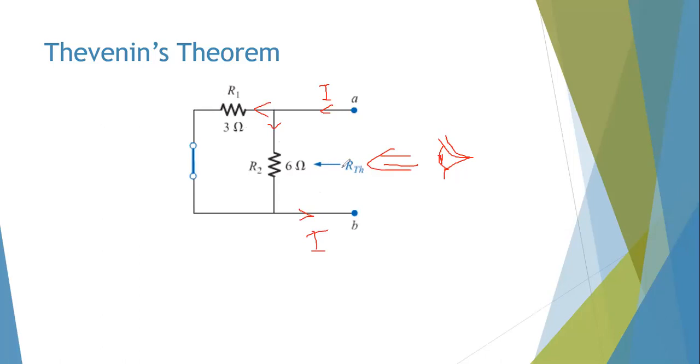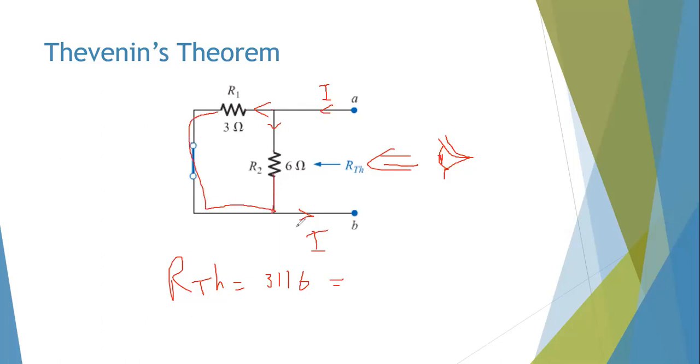So RTH is simply 3 ohm in parallel with 6 ohm. You can see the current splits into 2, and these two are sharing the same points. This point is shared by this one, and this point here is shared by this part and this part.